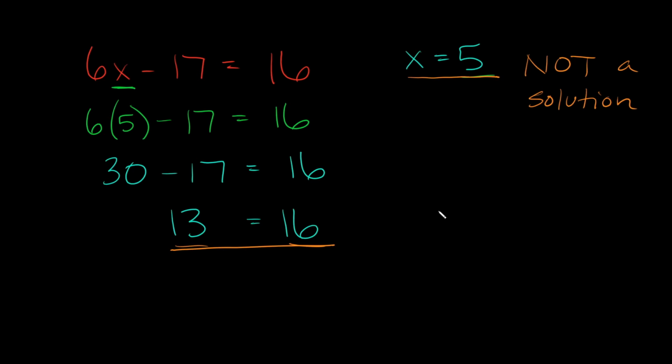Okay, let's try a couple more. This time we're going to do 6y minus 4 is equal to 5y minus 2. And I want to know if y is equal to 2 is a solution to this equation. So again, this is the puzzle piece I'm giving you, and I need to plug it into my equation to see if it fits.